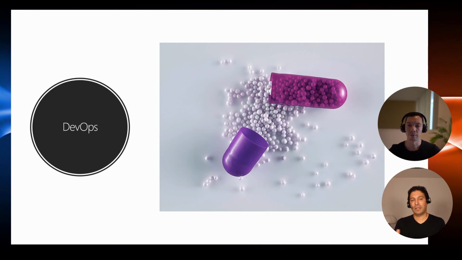So now, as I said before with the blue pill and the red pill, most of us are becoming purple or pink pills because there is no strict separation now. What is a dev and what is ops, basically?